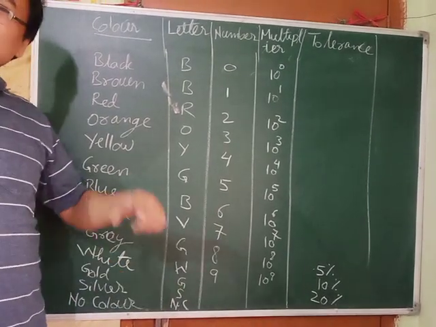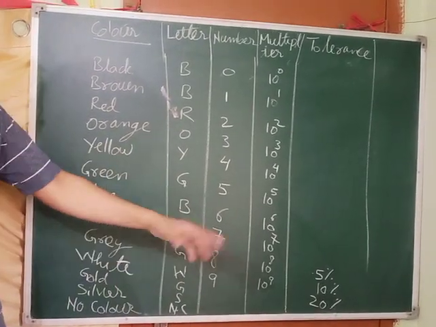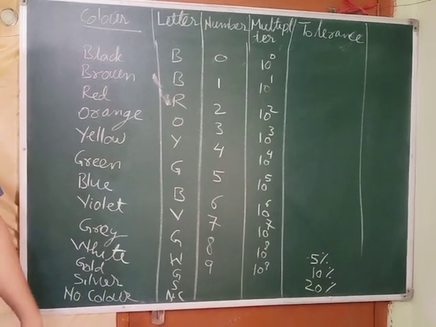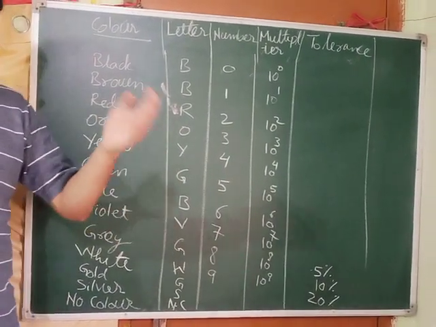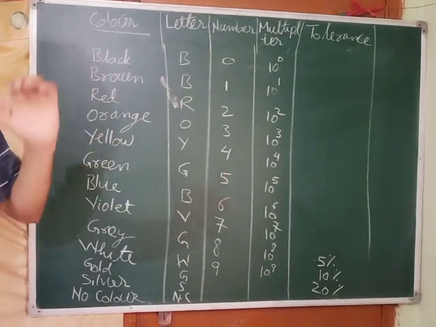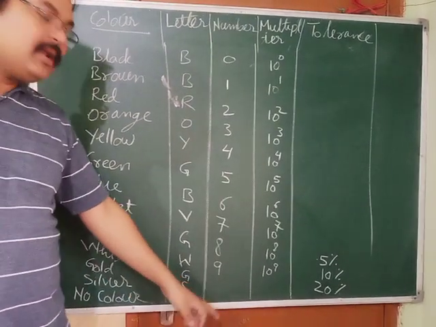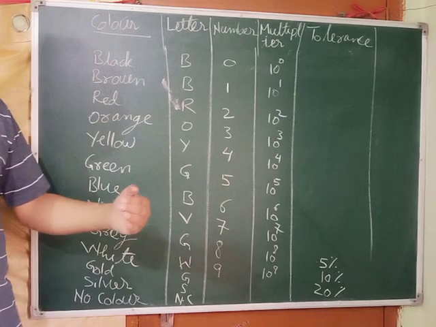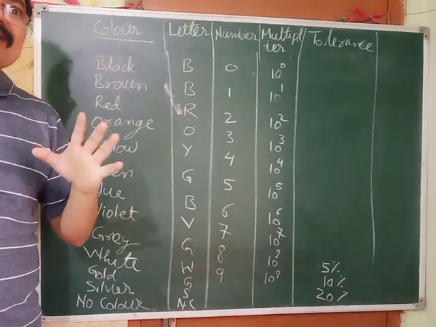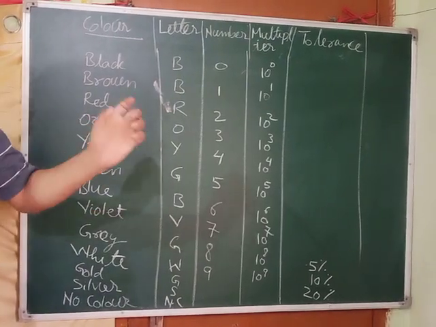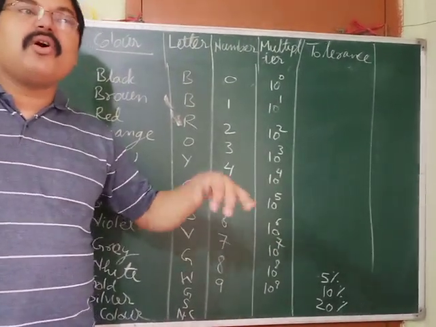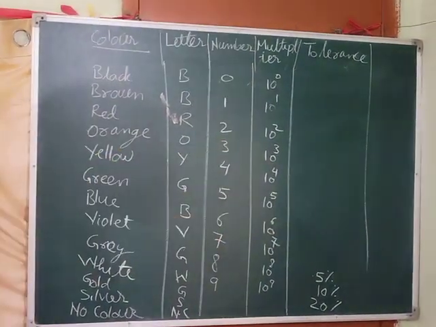If a silver lining is there, it can work 10% more or 10% less, that means from 90 ohm to 110 ohm. With no color, it can work from 80 ohm to 120 ohm, that is 20% less or 20% more. That is the tolerance.